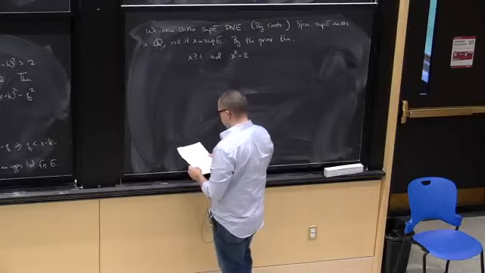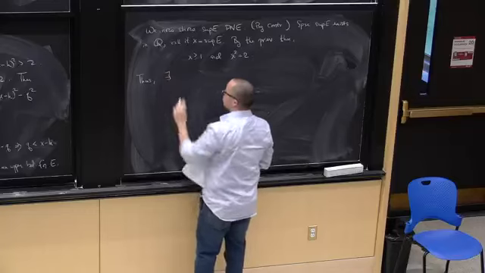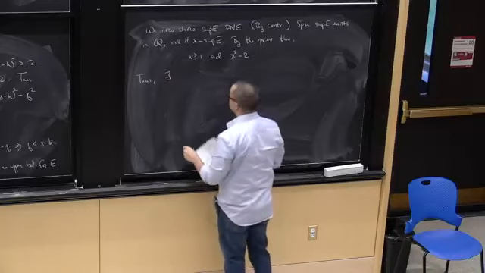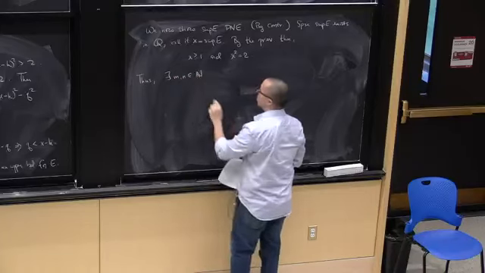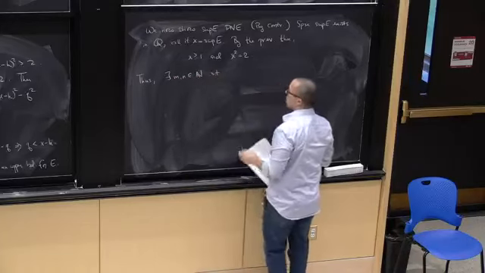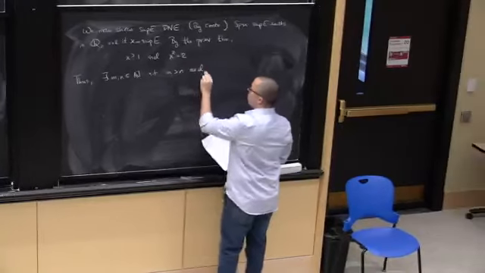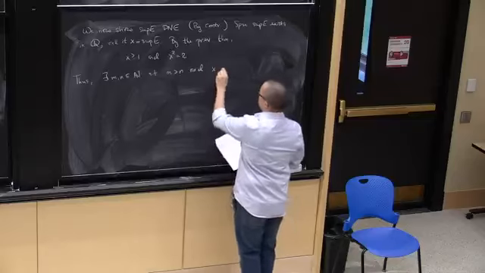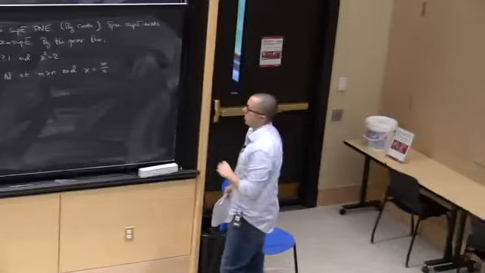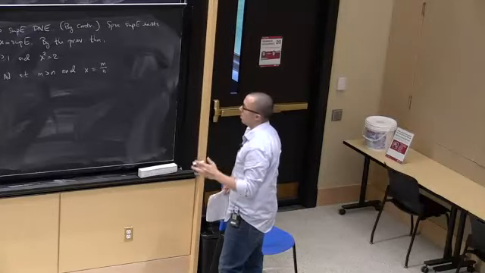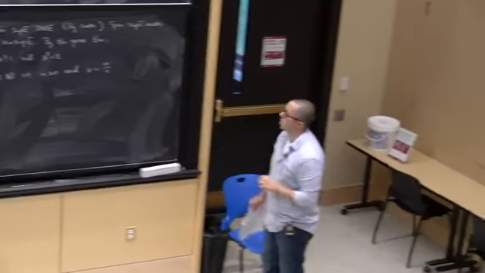Okay, so thus, since X is a rational, there exist m, n in natural numbers such that m is bigger than n, and X is equal to m over n. Okay, so that's what it means for X to be a rational number and for it to be bigger than 1.